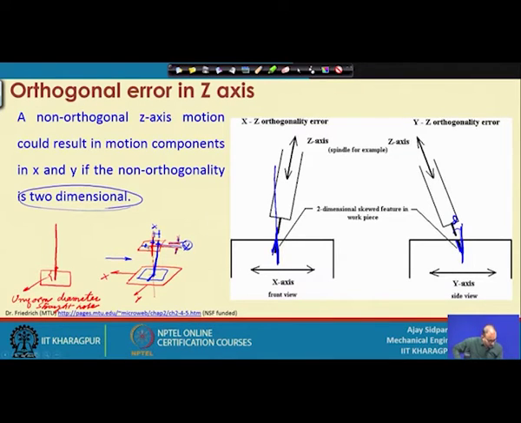If your tool is located here and it is drilling at this location, then there is no problem in the x direction, but there is a problem in the y direction. So, in that way you have to find out where your tool is located, the tool location, and only then can you get the thing. So, we have seen the orthogonal error problem in the x, y and z directions.